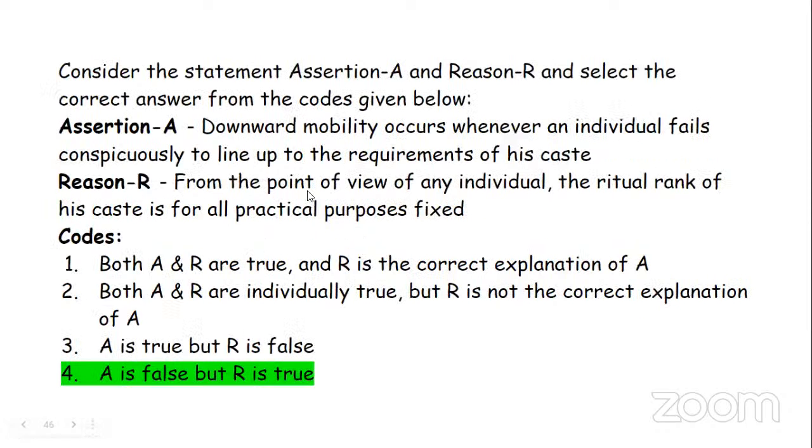So the assertion given here is not right. Okay, it is false. But the statement given as reason, from the point of view of any individual, the ritual rank of his caste is for all practical purposes fixed, is actually true. So our correct option is option 4. A is false, but R is true. Okay, so that is our answer.